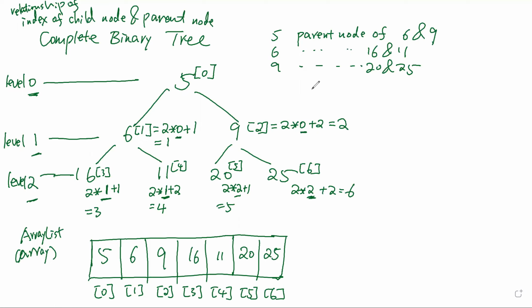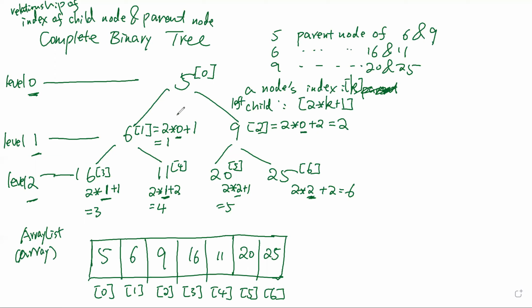So suppose we have just a node, and the node's index is k. Then its child node, if it's the left child, the index can be 2 times k plus 1.